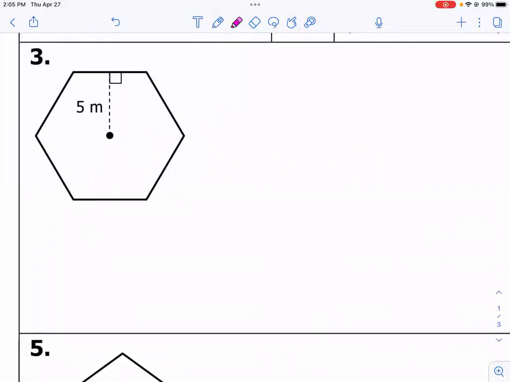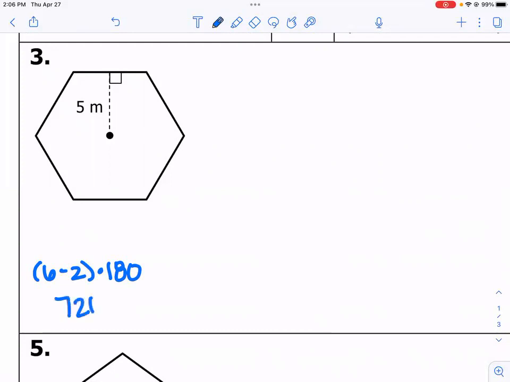So first of all, let's talk about what each of these angles are. If we take 6 minus 2 times 180, how many degrees are in a hexagon? It's 720.